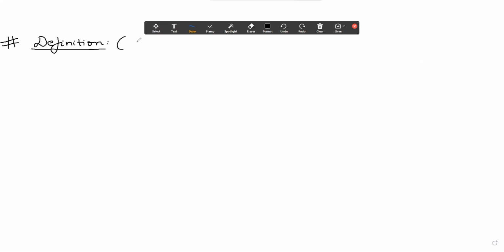So let's write the definition of 1-1 or injective function.